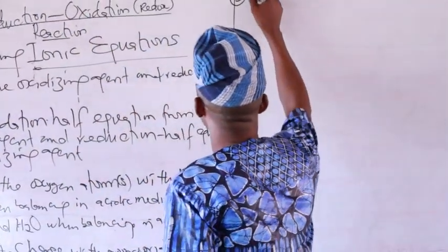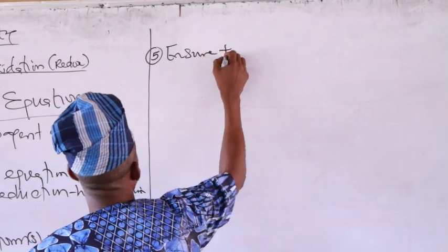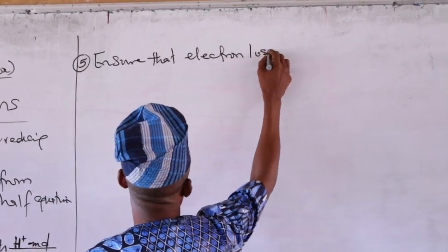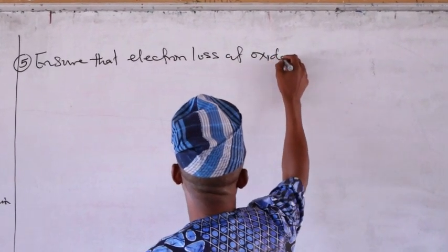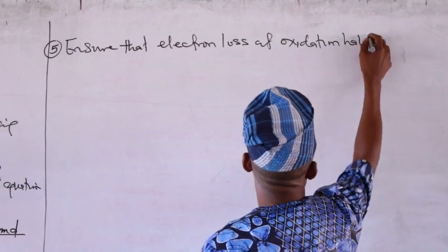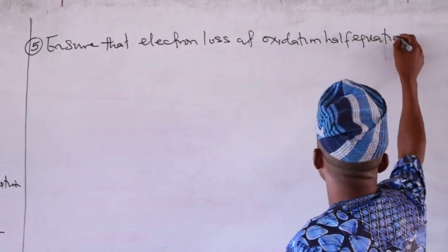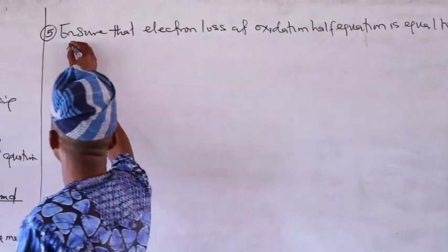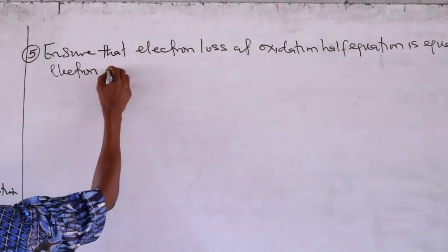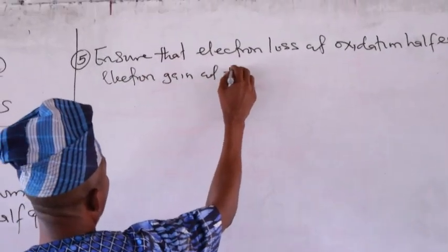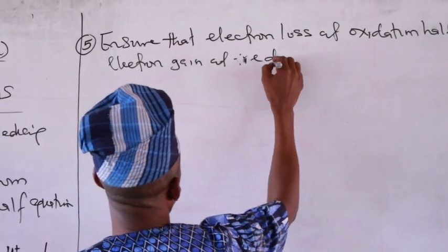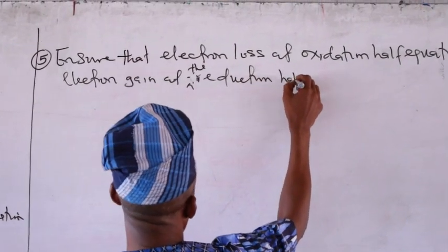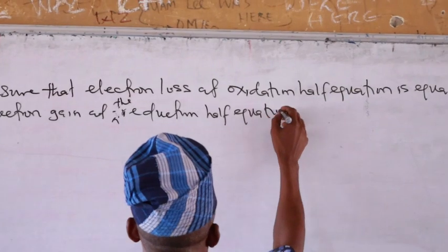Now, number 5, ensure that electron loss in the oxidation equation is equal to electron gain in the reduction equation.